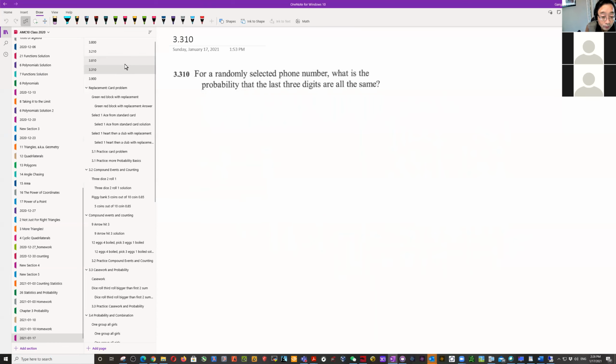For a randomly selected phone number, what is the probability that the last 3 digits are all the same?